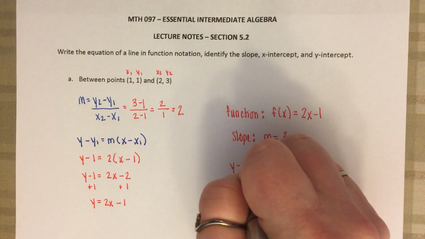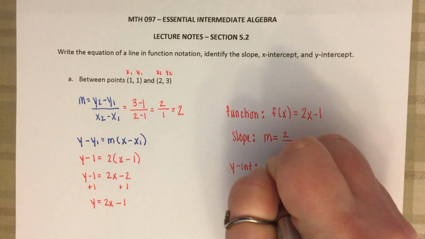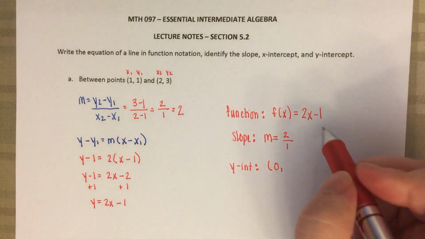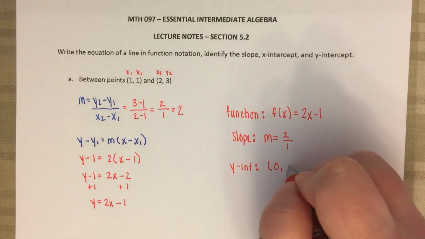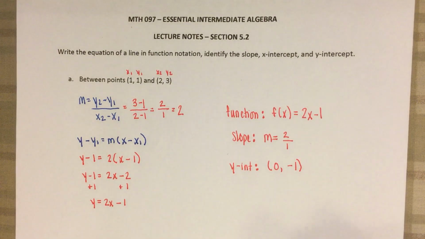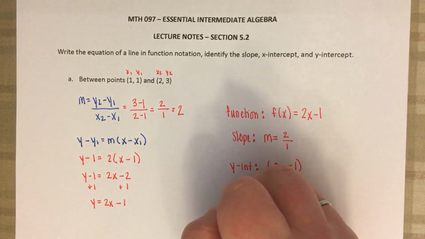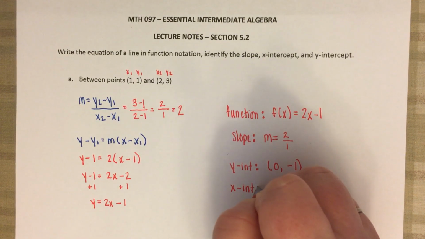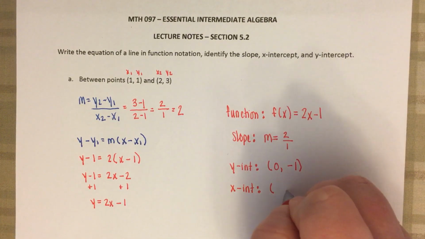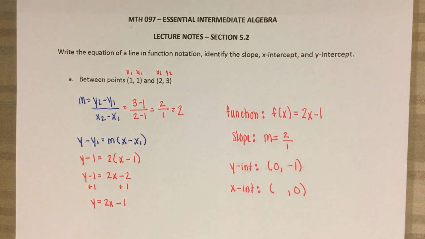Our y-intercept always starts with 0, and it's the other number from this function form: 0, negative 1. Our x-intercept, we always have a 0 for y.